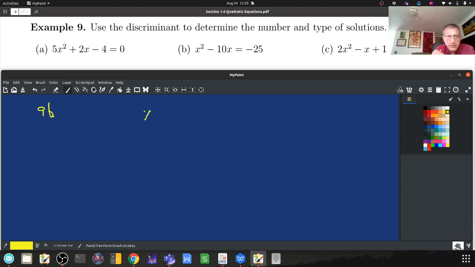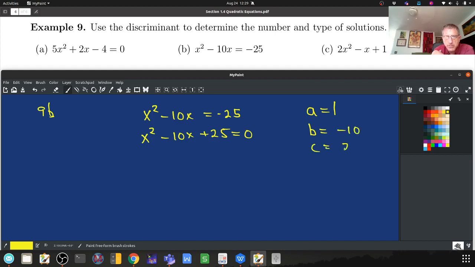So again, x squared minus 10x is equal to minus 25. We have to put it into standard form, x squared minus 10x plus 25 is equal to 0. My a value is the coefficient of the x squared term. My b value is the coefficient of the x term. And my c value is the constant term.